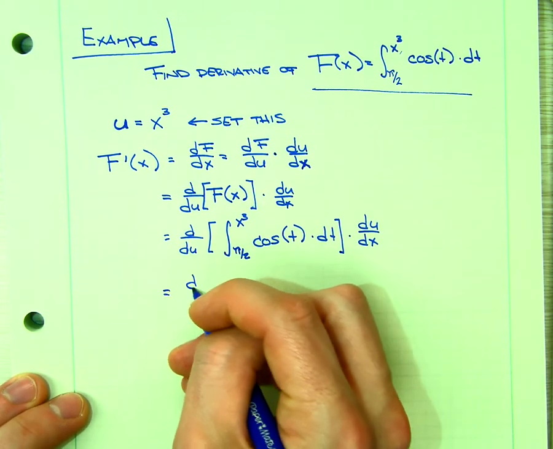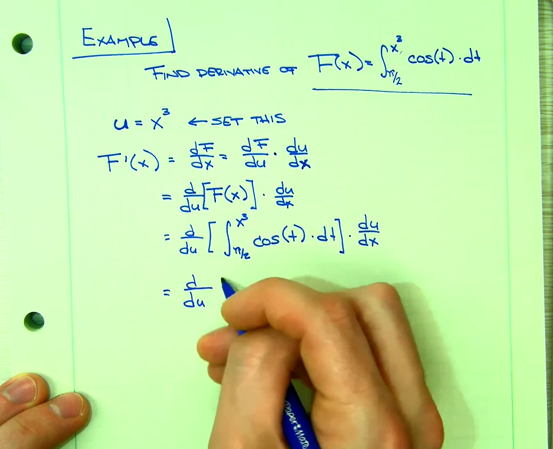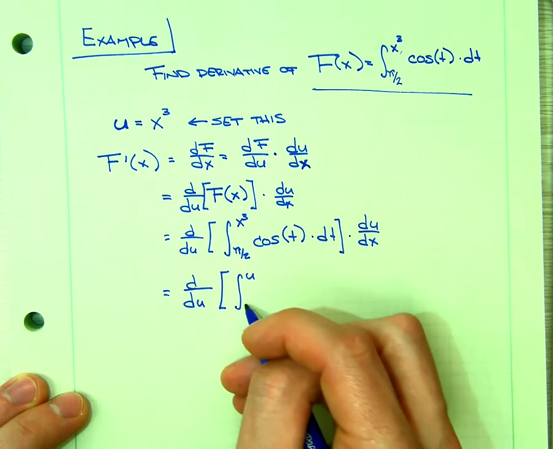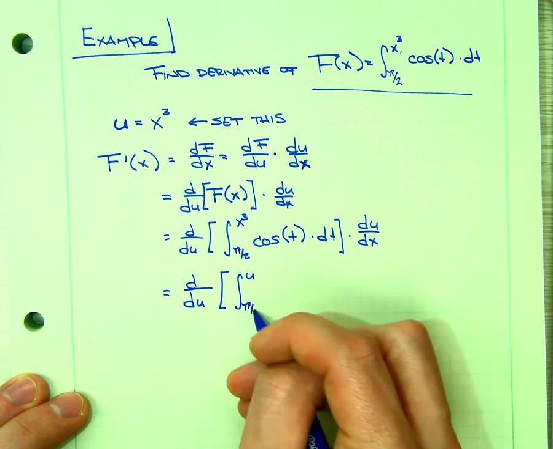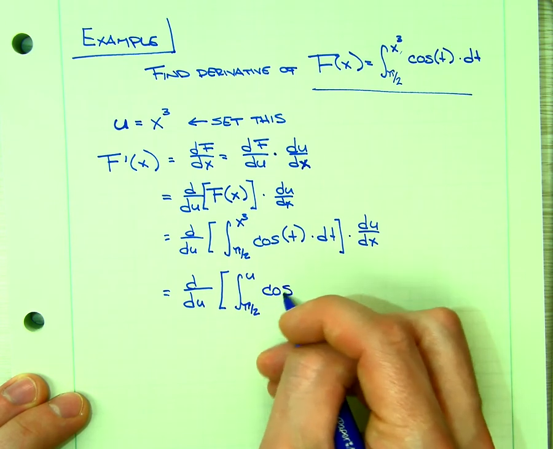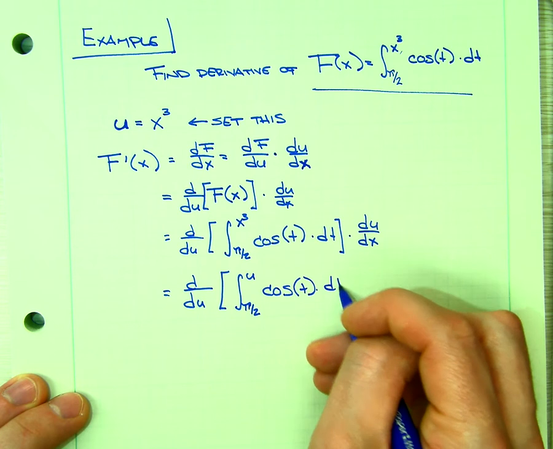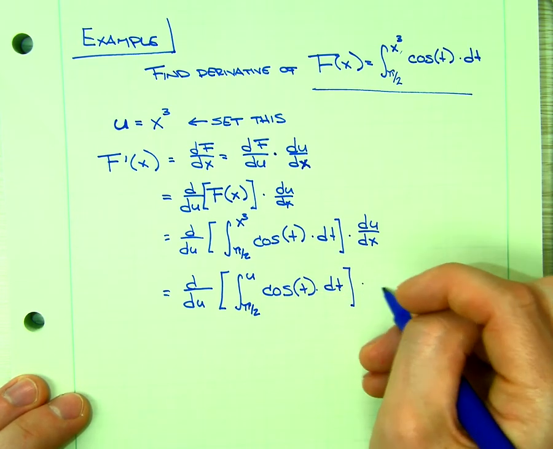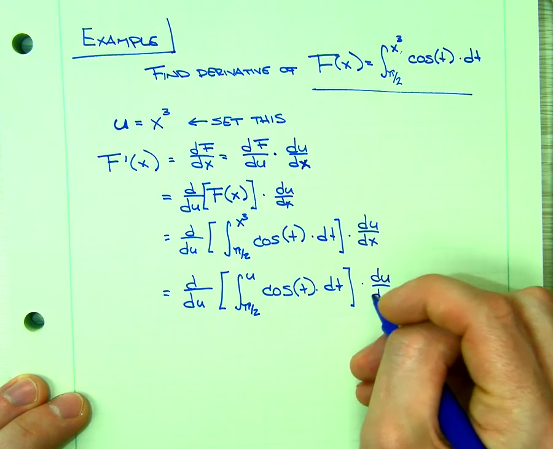So I can say, all right, d du of, now all I'm going to do is just get rid of this x cubed. So instead of x cubed, now I've got from u to pi over 2. This is much nicer already. Cosine of t dt. Starting to freak out a little bit less because now I've got rid of that x cubed up there. And then I've got du dx over here.